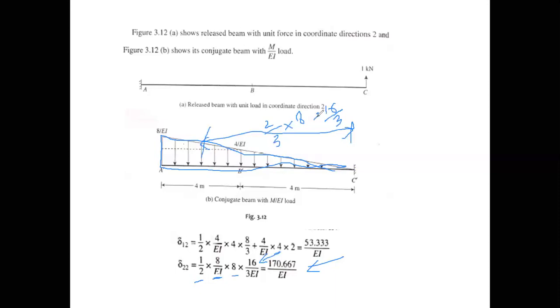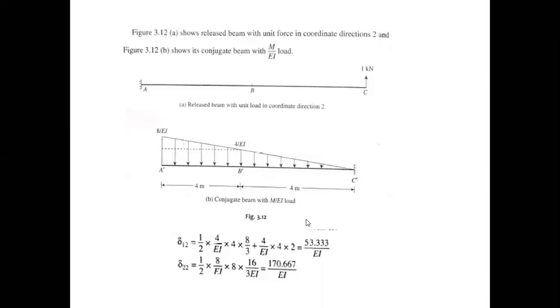This is how we have calculated all the four displacement coordinates, and we can simply write our flexibility equation. We'll substitute the values of these coordinates over here in this matrix.